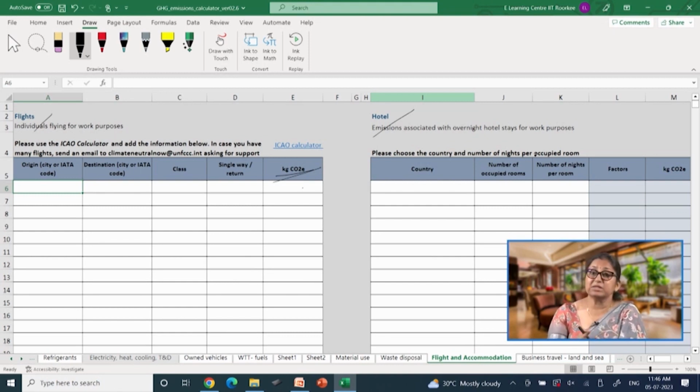So, the whole point is in measuring these emissions, and once we measure, we would become more aware of what all could be causing emissions. This is not exhaustive, there are more heads that could be added for your particular business, but this gives a fair idea as to what all is possible.